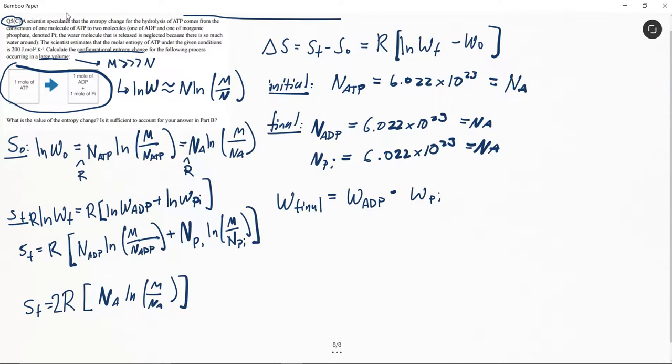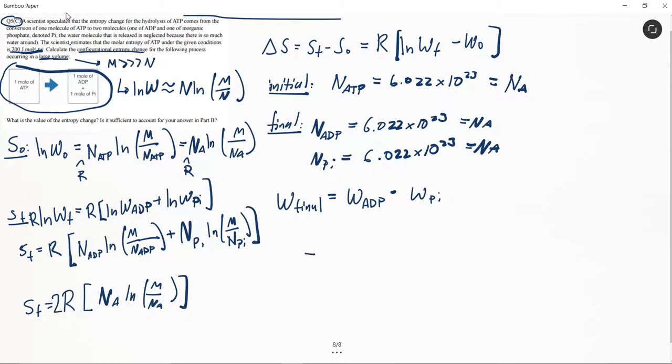So we have this so far. And we see that the entropy of the final is essentially 2 times the entropy of the initial. Furthermore, if we look at the question, it says the scientist estimates that the molar entropy of ATP under given conditions is 200 joules per mole Kelvin.